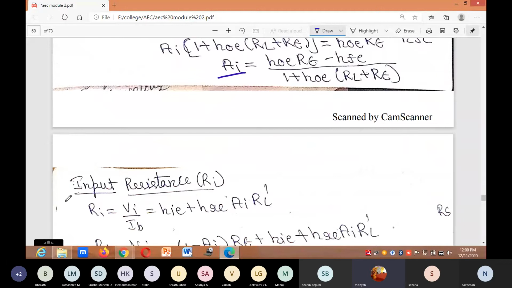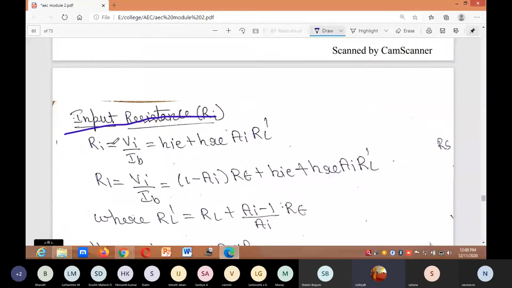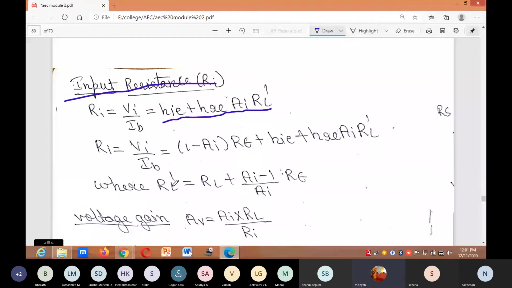Next, input resistance. Usually we write R is equal to V divided by I, but since we are considering the input resistance, Ri is equal to Vi divided by Ib. The standard equation is HIE plus HRE AI into RL dash, where RL dash is equal to RL plus (AI minus 1) divided by AI into RE.